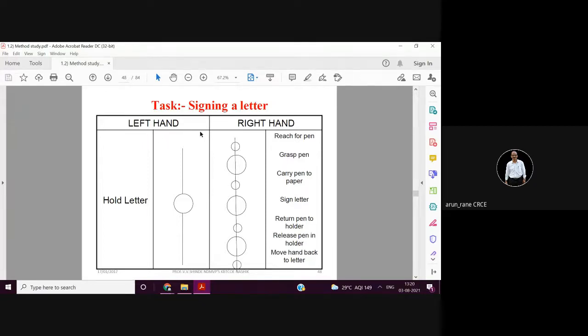Like you have now a left hand and a right hand, and the task is you have to sign a letter. Okay.